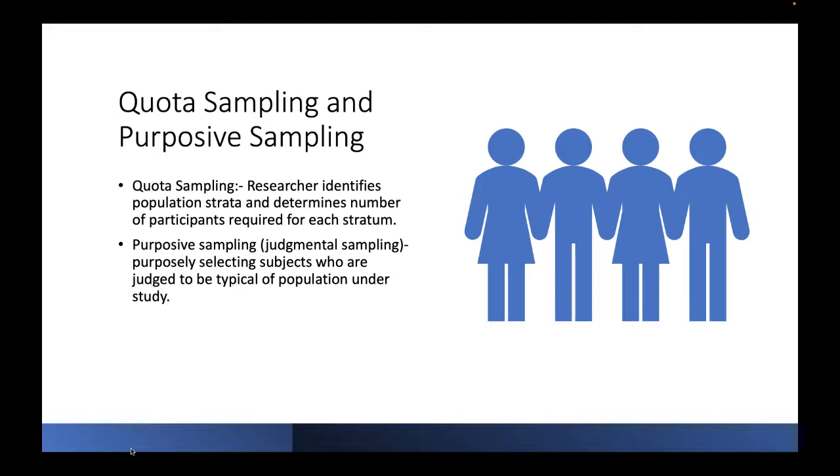Simple. Now, the best form of qualitative sampling is what they call purposive sampling. Purposive sampling is sometimes referred to as judgmental sampling, where you purposely select subjects who are judged to be typical of the population that you are studying.